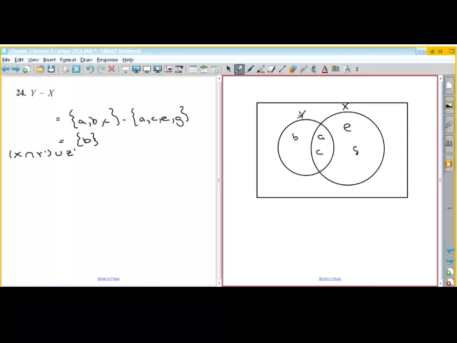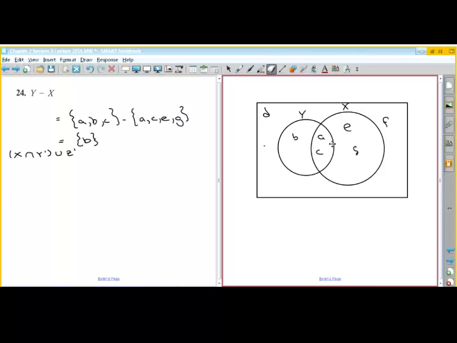This is an example of what you would do using a Venn diagram. I haven't written all the letters, but let me go ahead and include all of them: A, B, C, D, E, F, G. I think it went up to H. No, it didn't have H. So that would be a graphical representation of the sets that we're looking at.